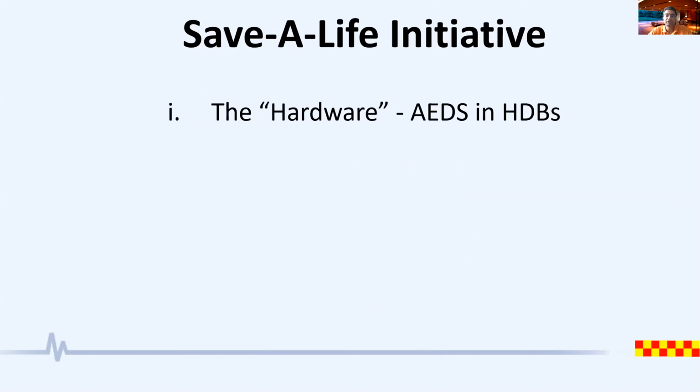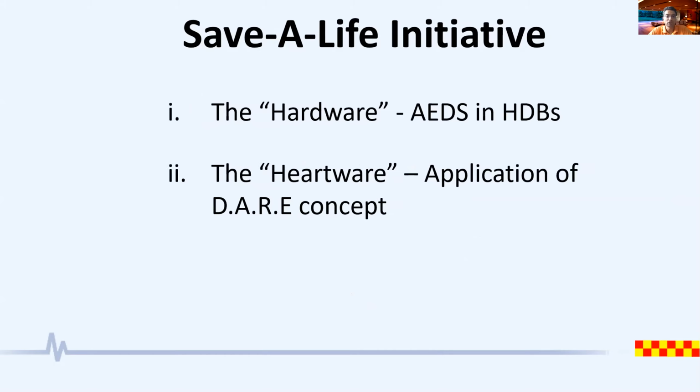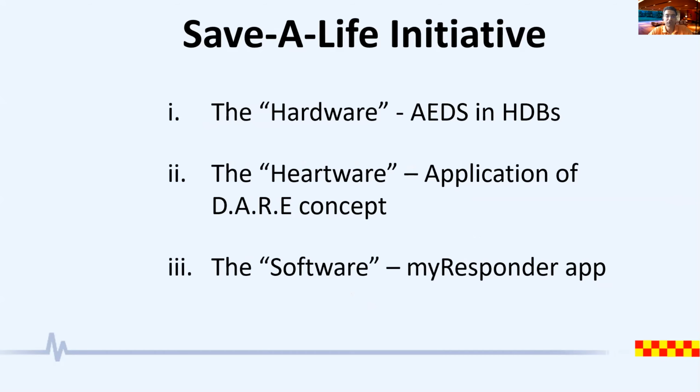The second part refers to the application of the D.A.R.E concept, and I'll explain what that is when we go into the details. And the third part, the software part, is the MyResponder app. We'll go through each of these components in the following slides.